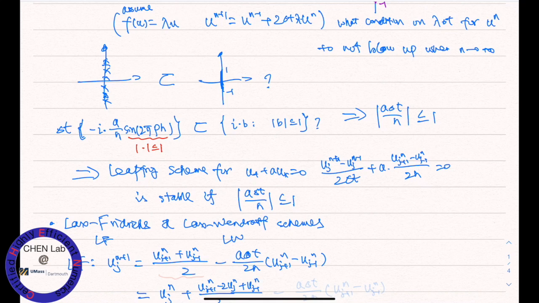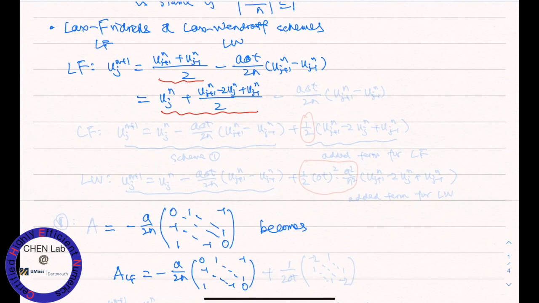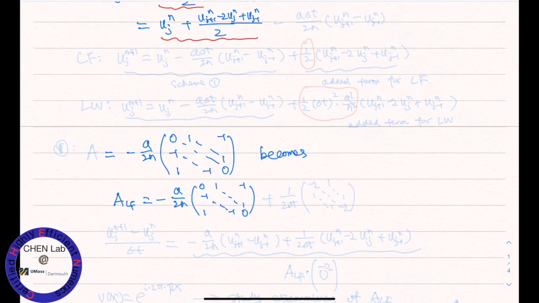It's easy to see this is the same as this. We're basically adding and subtracting UJN. Minus a delta t over 2h, UJ plus 1n minus UJ minus 1n.